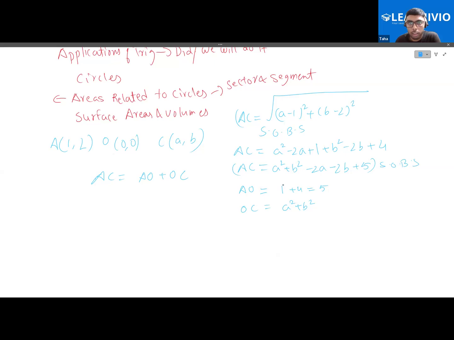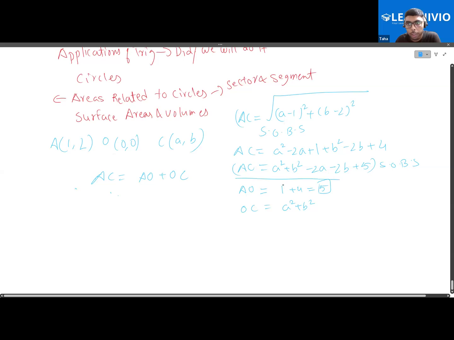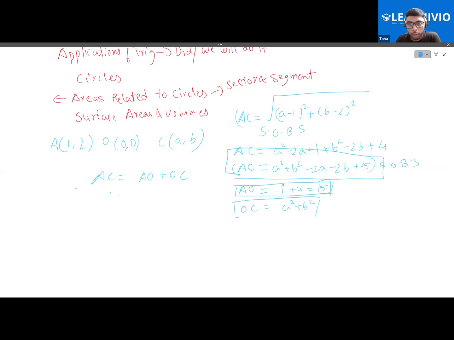And this is AO, right? Over here we'll get 5. This would be A square plus B square. So AC's value would be this, AO's value would be 5, OC's value would be A square plus B square.